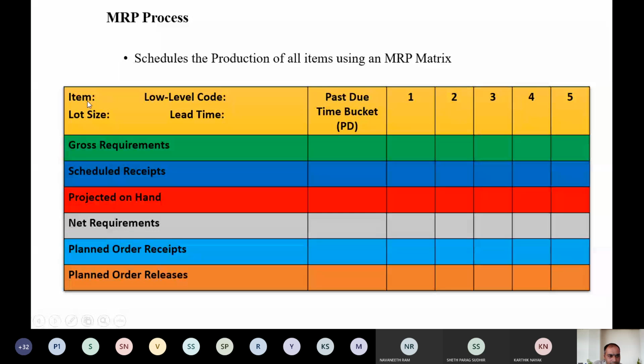This is the item, which means the component or the part which you are going to order. Item will have some item number, like your registration number. Each and every product will have some kind of number. In your engineering drawing you would have learned about the part number, or in your CAD CAM and group technology, the item number.